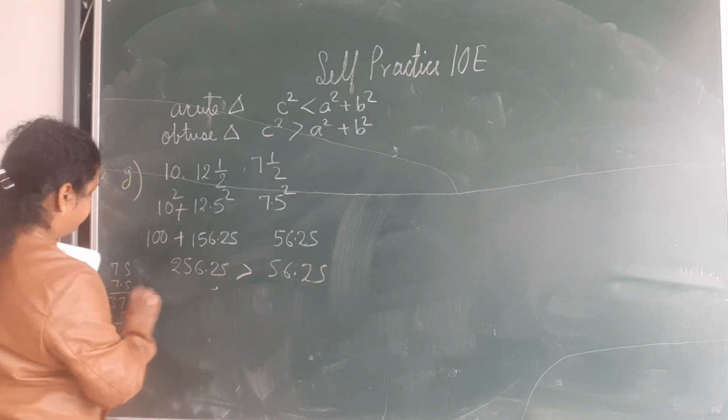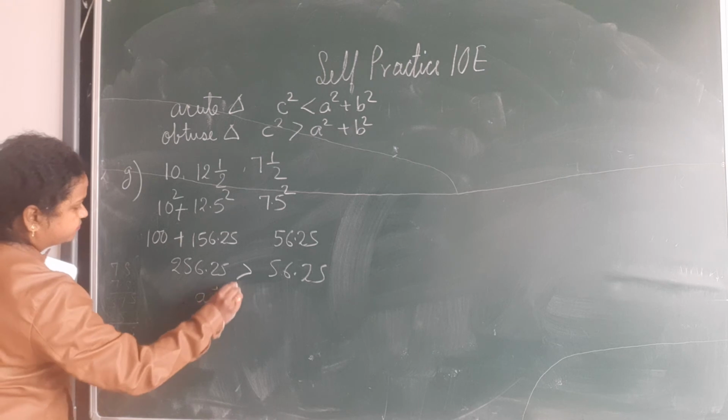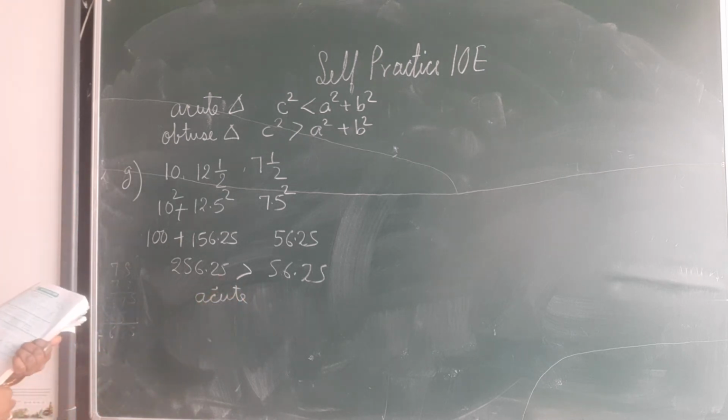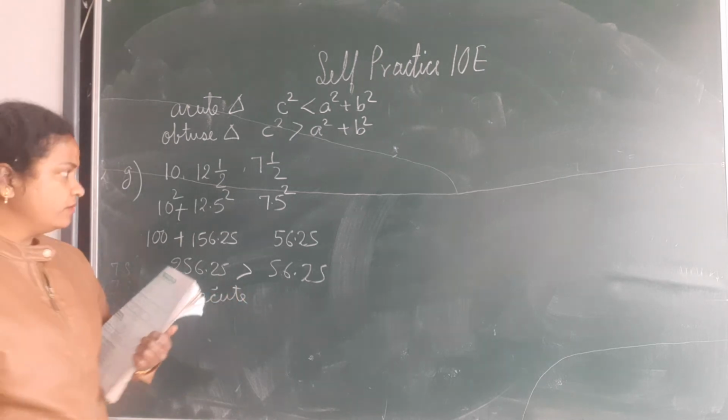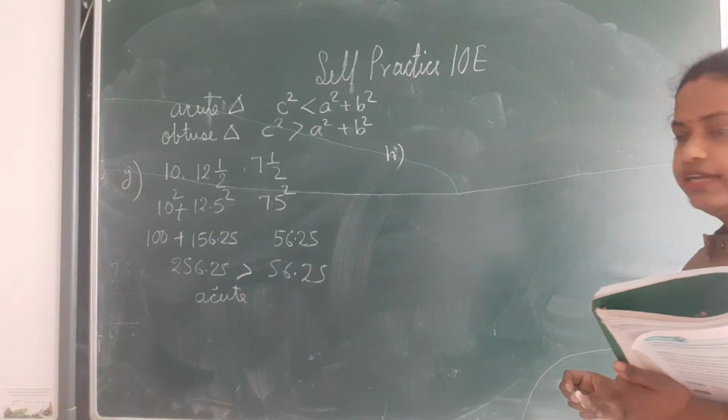This one is greater than 100 plus 56.25, so it is an acute angle triangle.